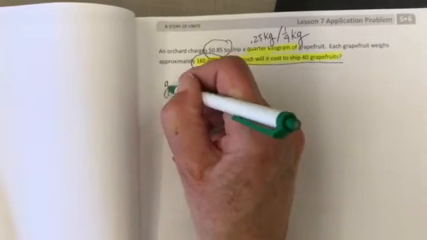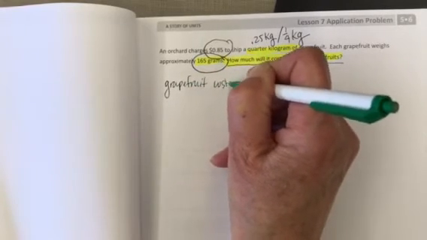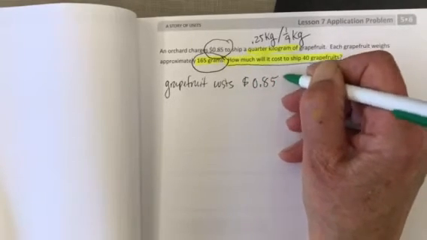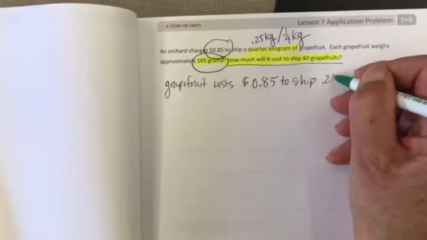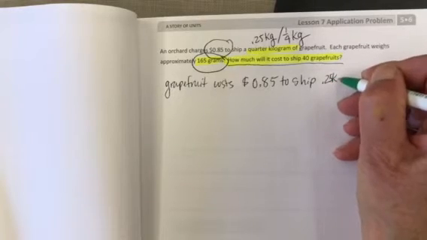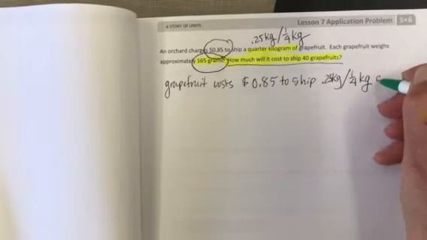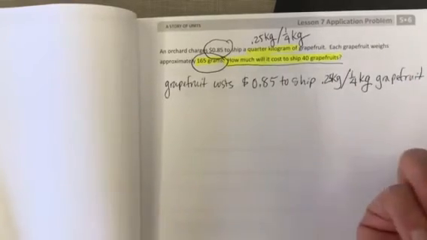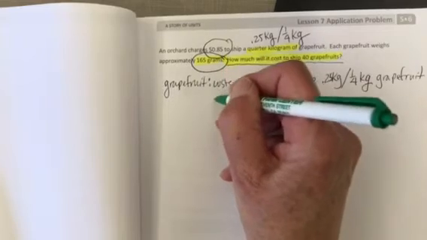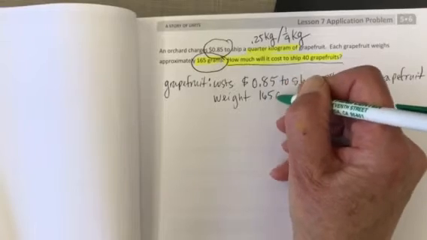So grapefruit costs, and use the money sign, $0.85 to ship a 0.25 kg, or 1/4 kg. Grapefruit weight is, as it said, 165 grams.